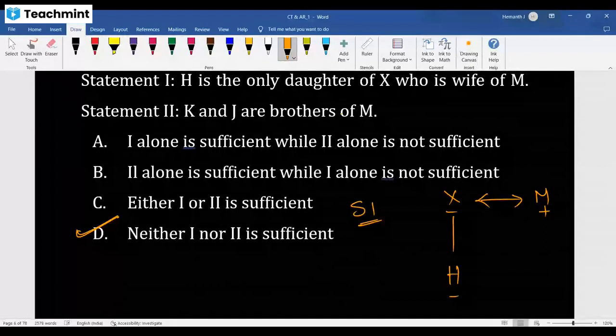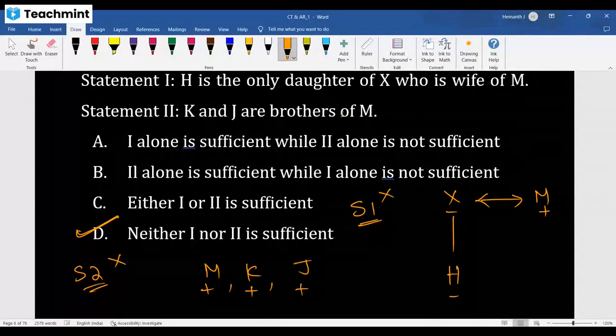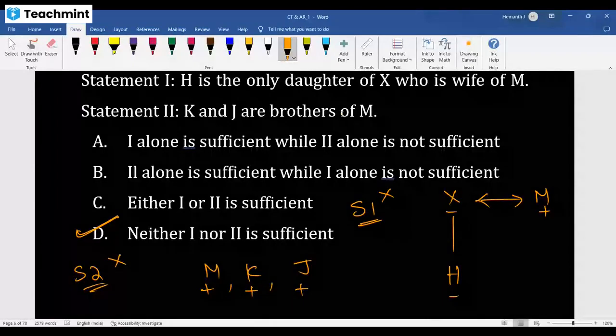In statement 2 alone, K and J are brothers of M. M is having brothers K and J. Okay, fine. But here, with statement 2 alone, I cannot say how many children exactly M is having. We don't have that discussion. Together also not possible. Sir, statement 1 alone, a lot of people are going with the answer 1 alone.